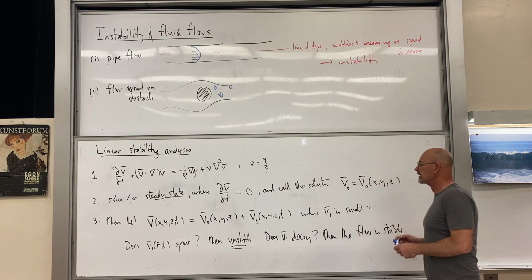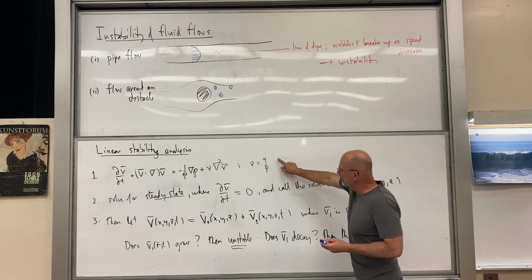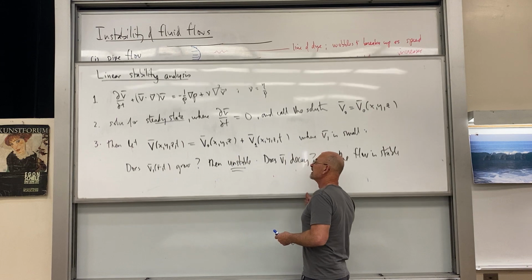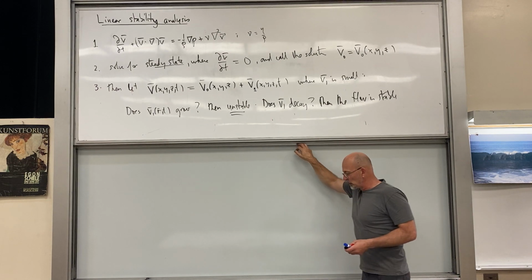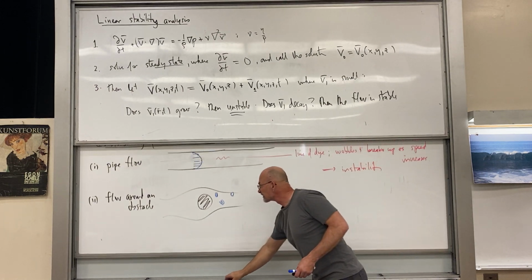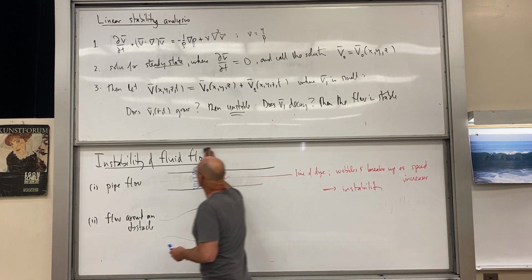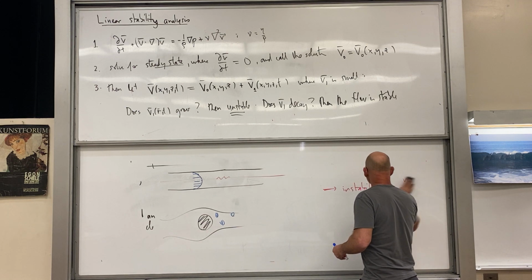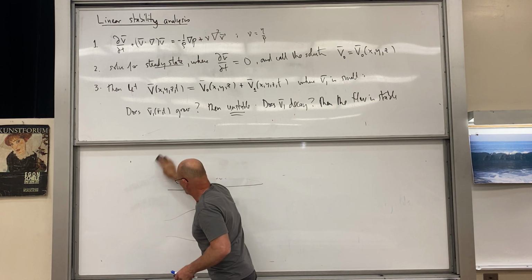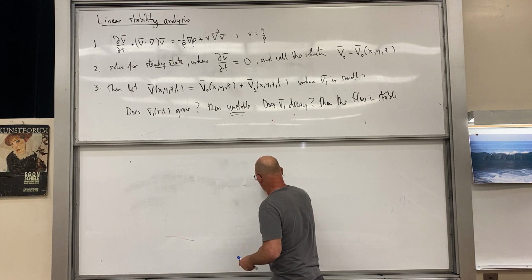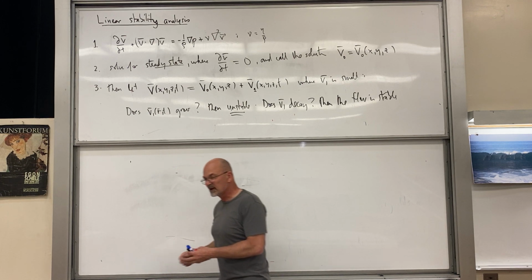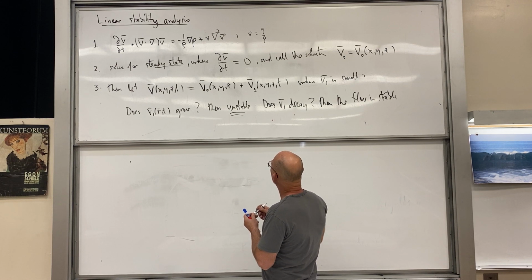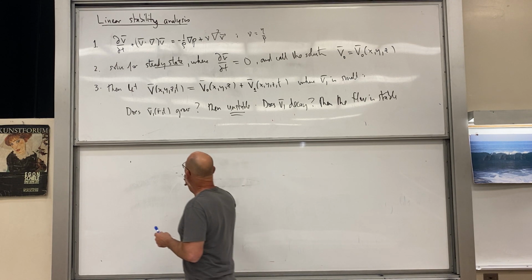Stable. Good. So what I'm going to do is just implement that little program right here in the Navier-Stokes. Easy to talk about, hard to do. We're just going to plug those in there and throw away nonlinear terms, similar to what we did with the sound waves, similar but not quite.